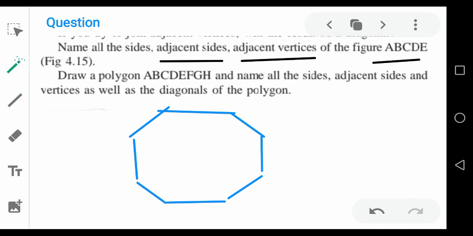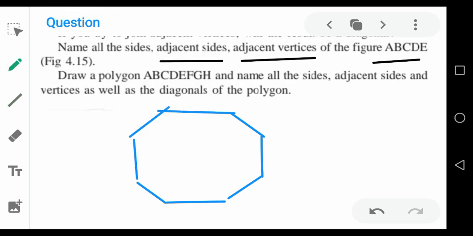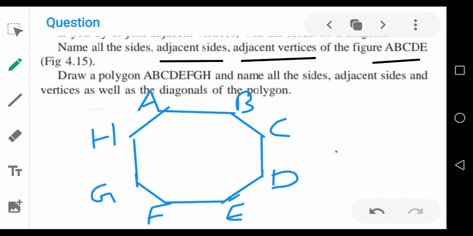Okay, we have to join this. I'll draw it neatly. Now we will name this as A, B, C, D, E, F, G, H.